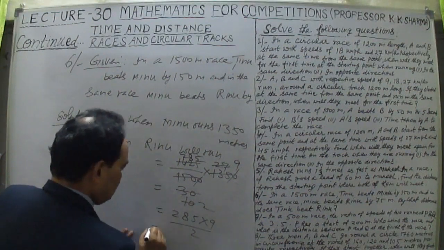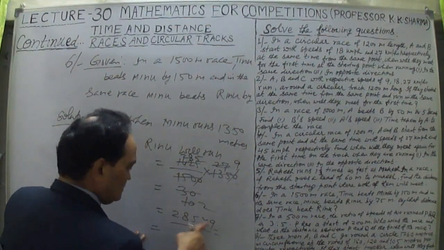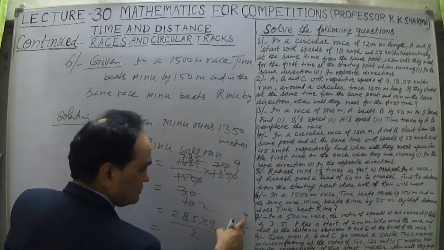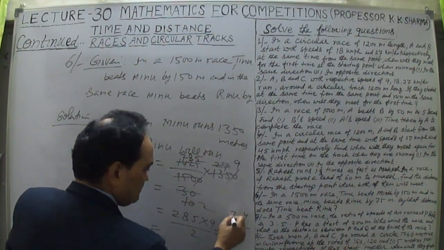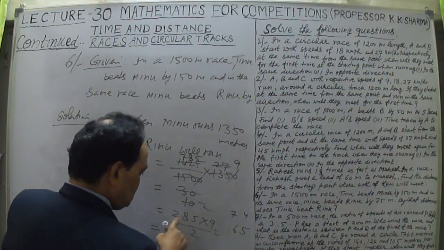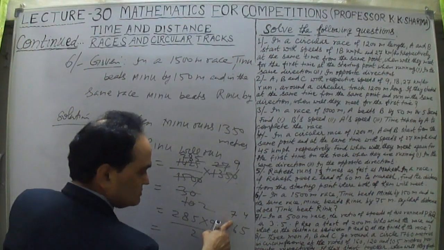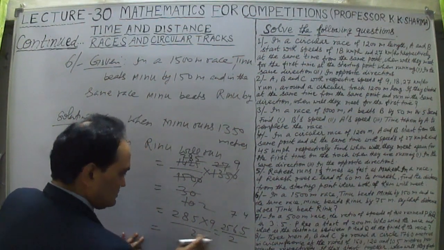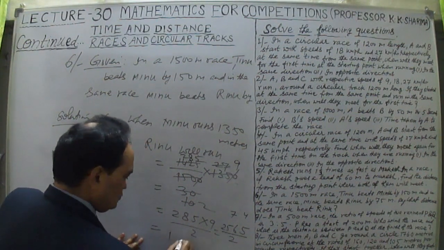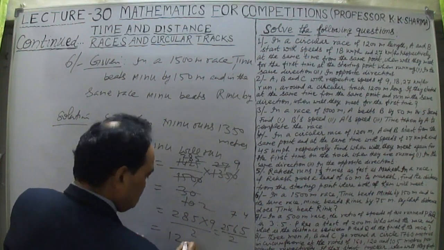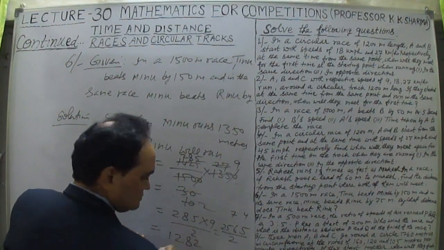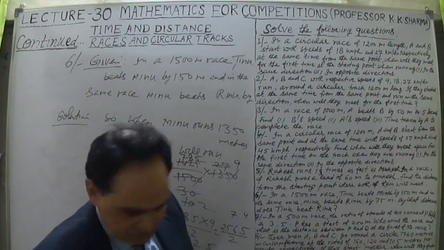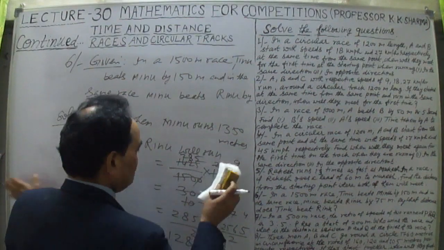Let me first multiply the numerator. 9 fives are 45, 5 and 4 carry. 9 eights are 72, 72 and 4 is 76, 7 carry. Then 9 twos are 18, 18 and 7 is 25. So 2565 divided by 2. It will give us 1282.5 meters. This is run by Renu.